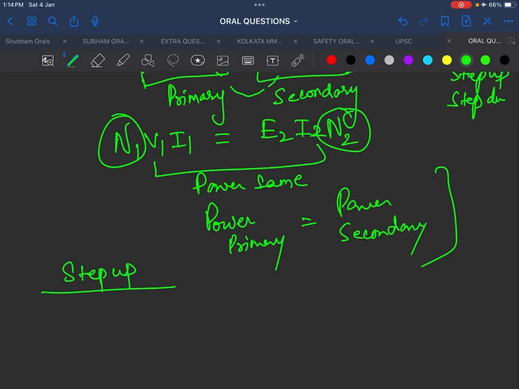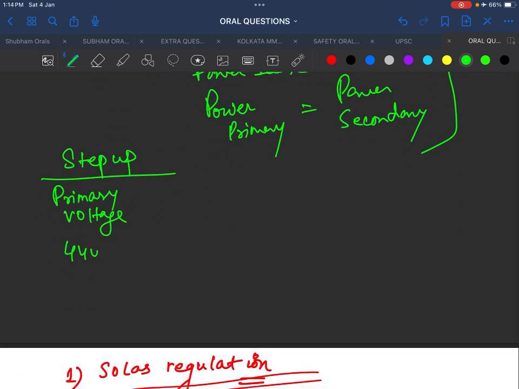Let's suppose the primary voltage is 220 volt and your requirement is 440 volt secondary voltage.